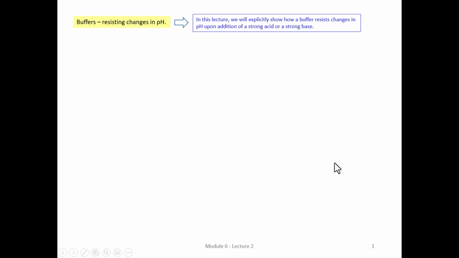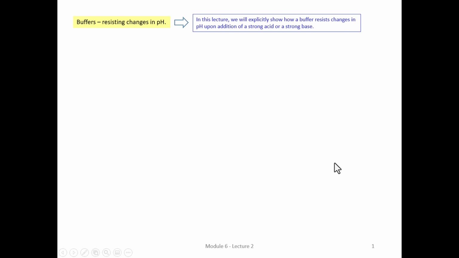In this lecture, we will explicitly show how a buffer resists changes in pH upon addition of a strong acid or a strong base. In the previous lecture, we talked about how to prepare a buffer and how to determine its pH. Besides just measuring the pH, of course, you can calculate what the pH would be using the Henderson-Hasselbalch equation.